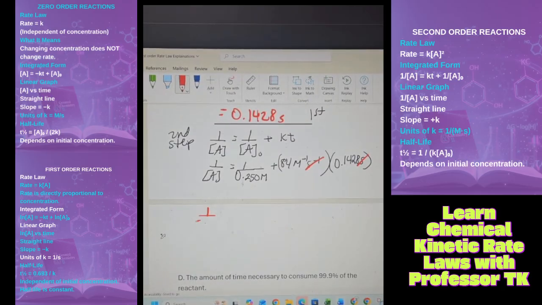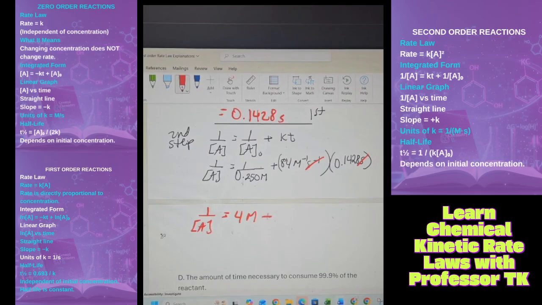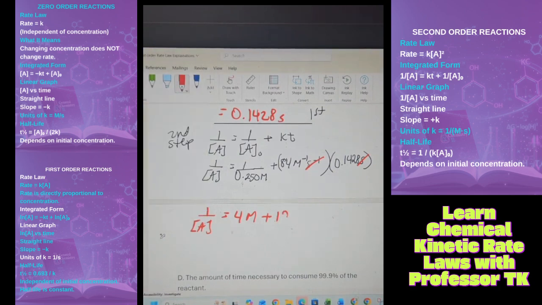So you're going to say 1 over A equals, now go ahead and divide that 1 divided by 0.250. And we get 4, okay? 4 molarity plus, we got to multiply those two numbers right there. So 84 times 0.1428, and we get 11.99. Let's round that off to 12, just for the sake of working with these numbers right here. And that's molarity.